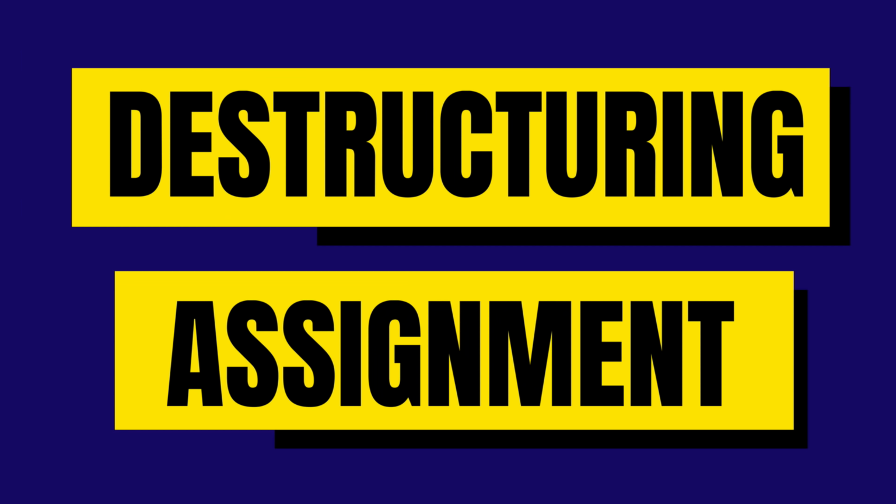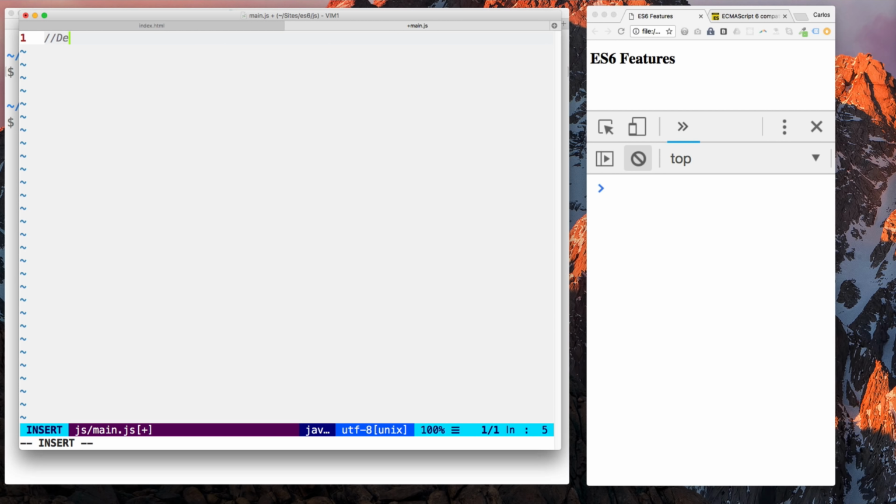So let's check another feature called Destructuring Assignment. Destructuring assignment of arrays and objects is basically assigning an object or an array to some variables in fewer characters. Let's see an example.